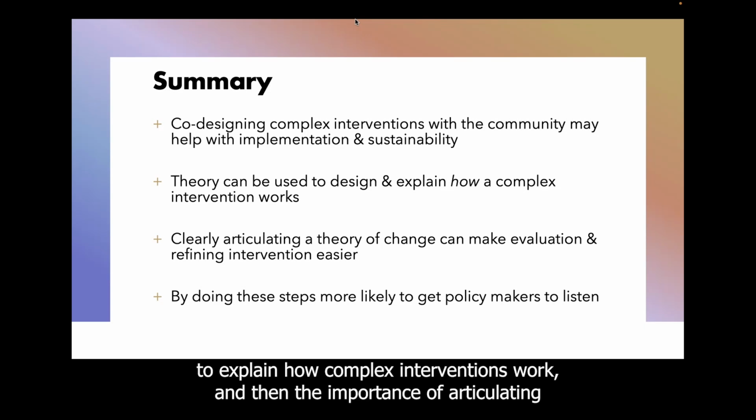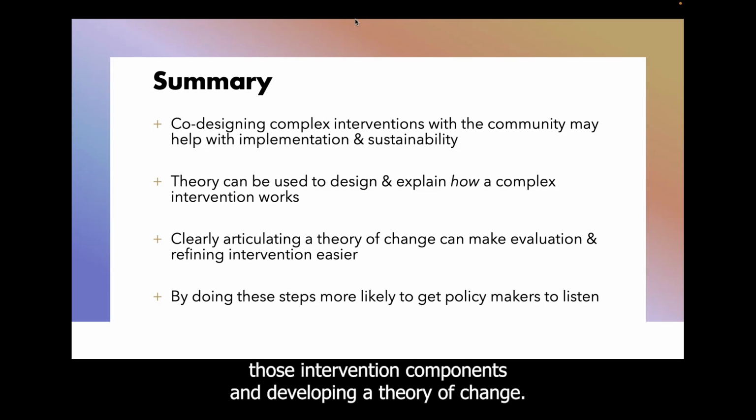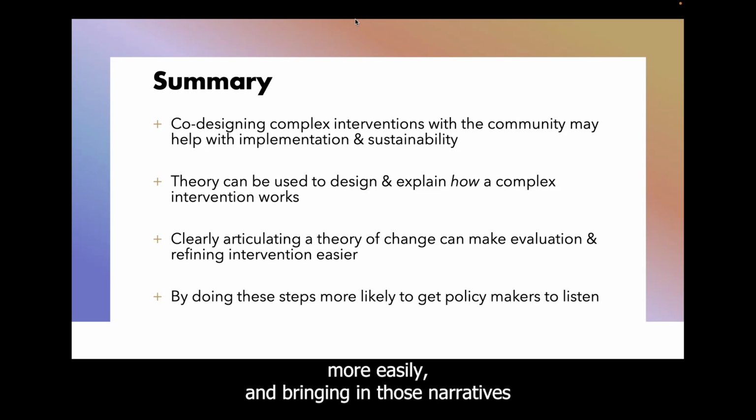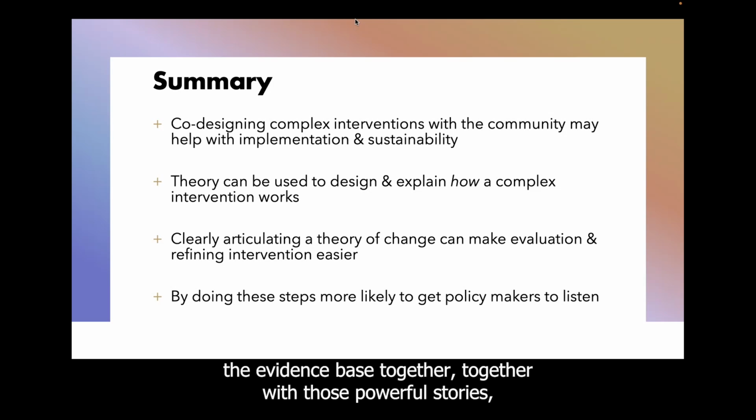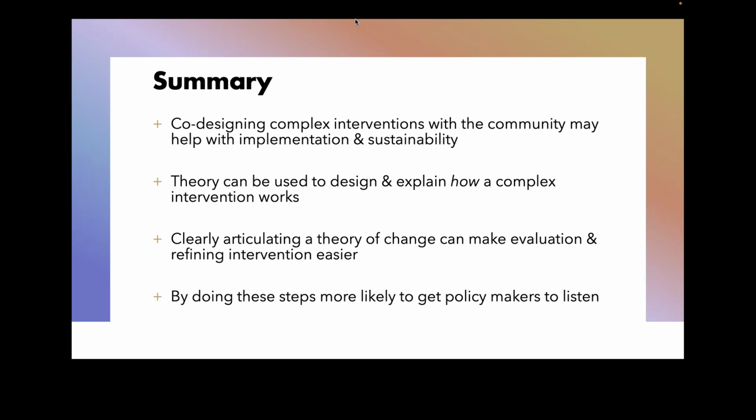And then the importance of articulating those intervention components and developing a theory of change so we can then evaluate and reiterate our intervention more easily, and bringing in those narratives and the key stakeholders so we can actually start getting the evidence base together with those powerful stories to actually make a difference to policymakers.